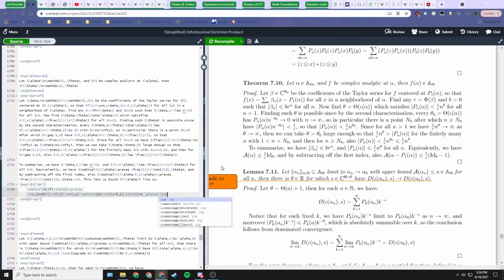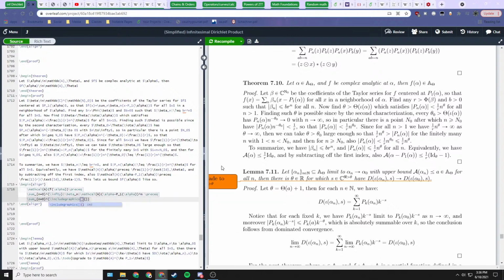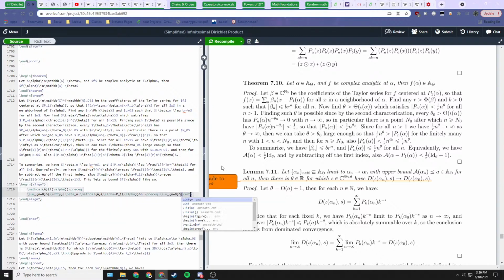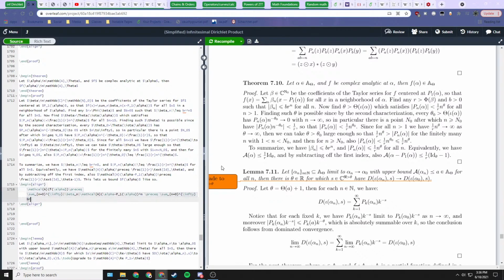We bound that with the sum from n equals 0 to infinity of b r to the power n, times r inverse times id sub theta minus 1, to the power n.